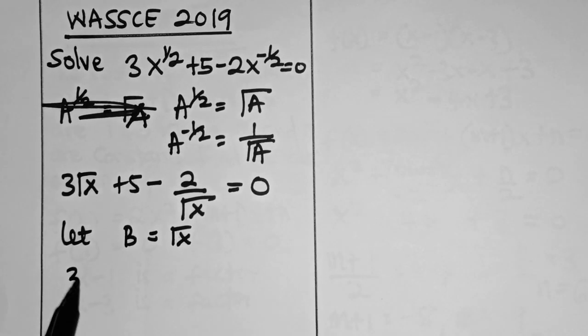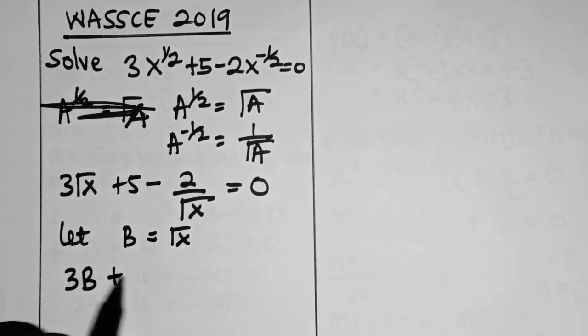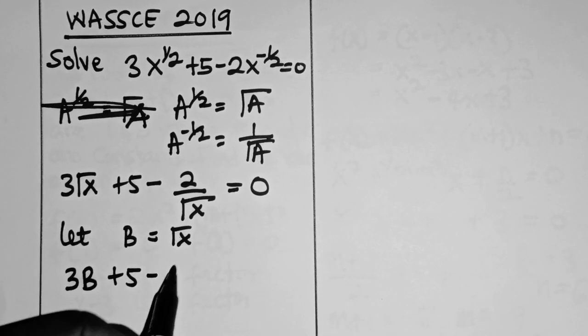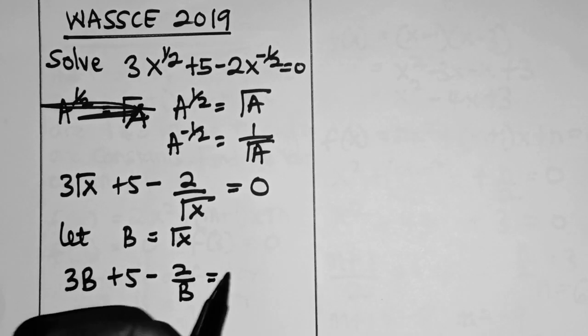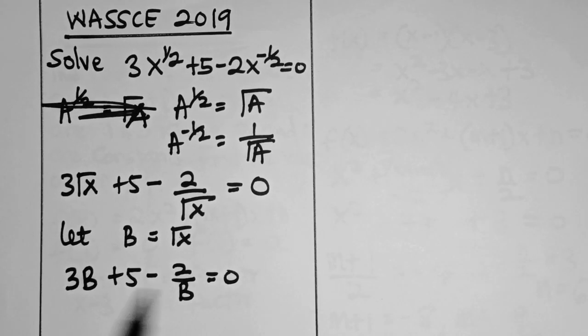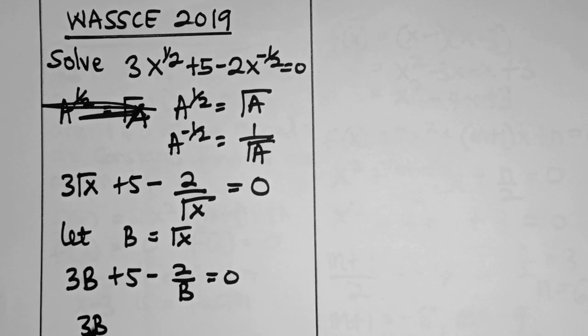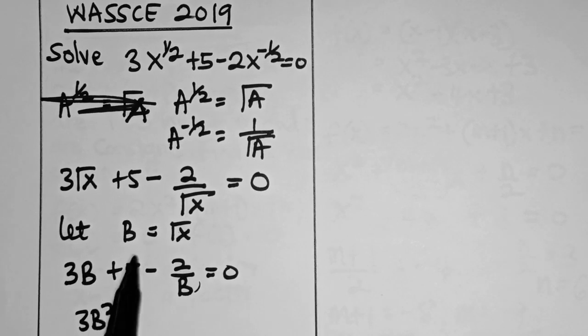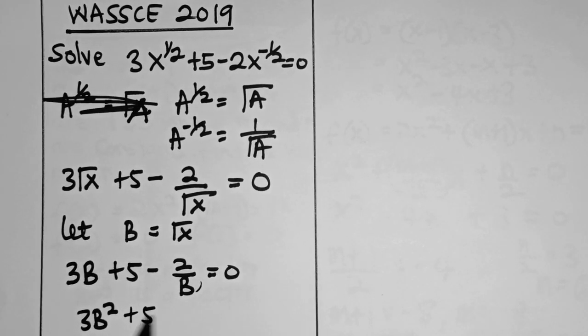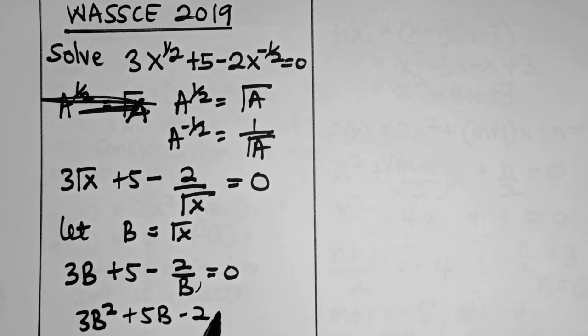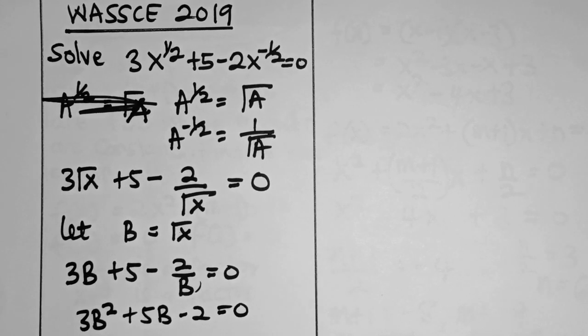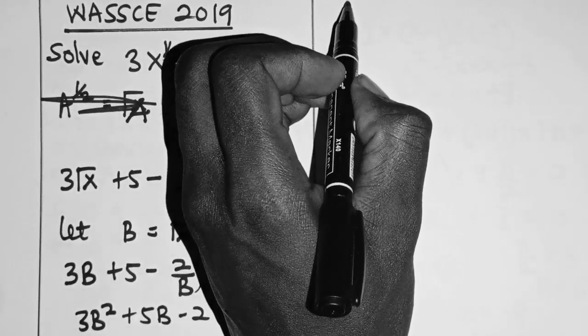So it implies that this becomes 3b plus 5 minus 2 over b is equal to 0. So b times b is 3b squared, and then b times 5 becomes plus 5b, minus 2 equals 0. So now let's continue from here.